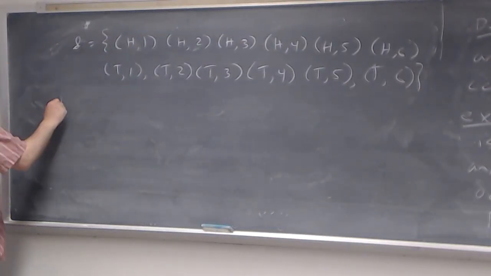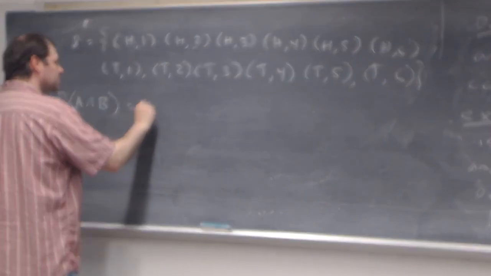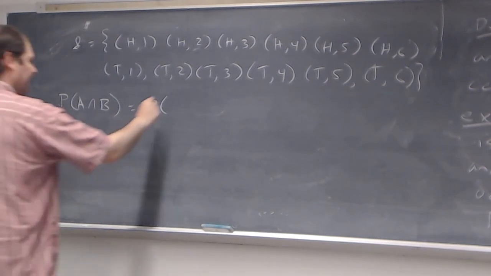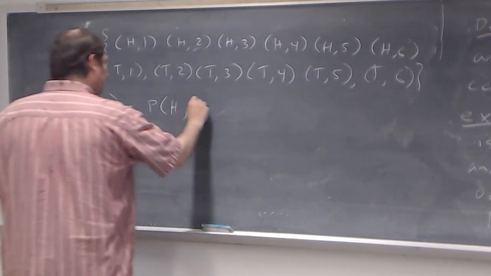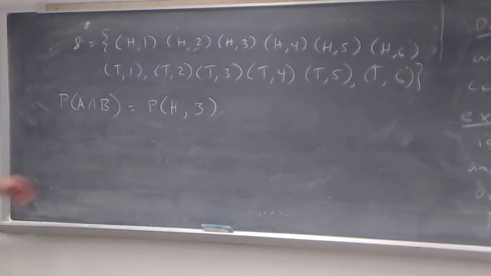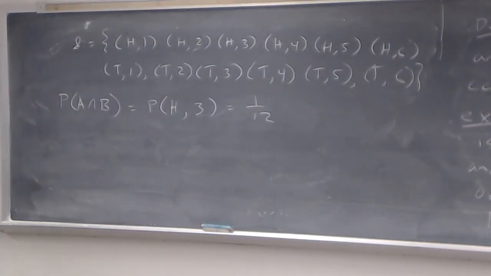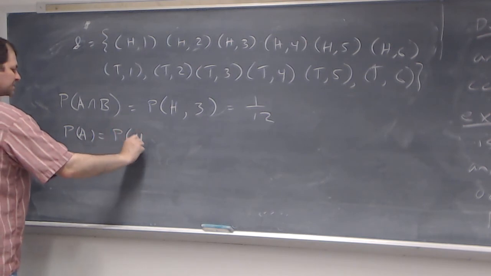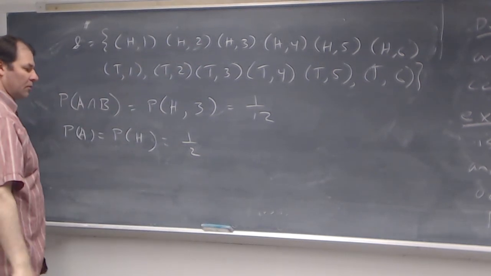And then if we look at the probability of A intersect B, that's equal to the probability that the coin toss was a head and that the die roll was a 3. Each one of these events in the sample space is equally likely, so this is equal to 1 out of 12. Now the probability of A is the probability of getting heads, and that is 1/2, 6 out of 12.